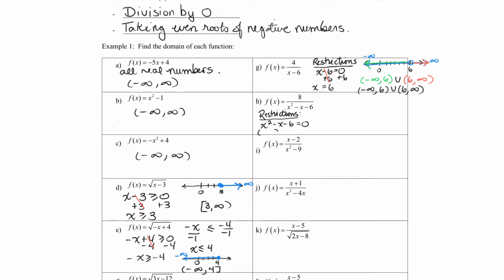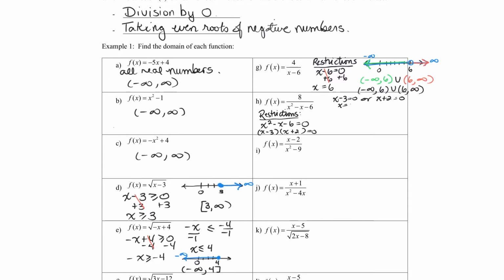And I can see that this one's going to factor because two numbers that multiply to give me negative 6 and add to give me negative 1 are negative 3 and positive 2. So either x minus 3 equals 0 or x plus 2 equals 0.